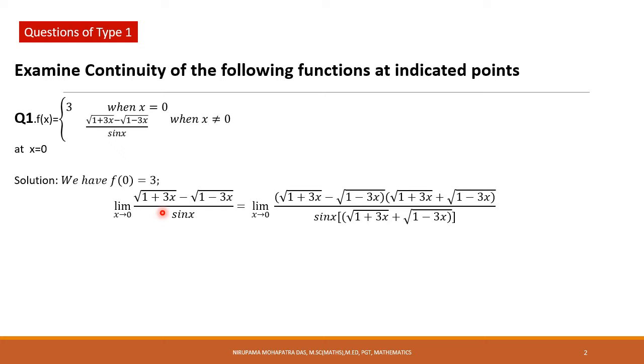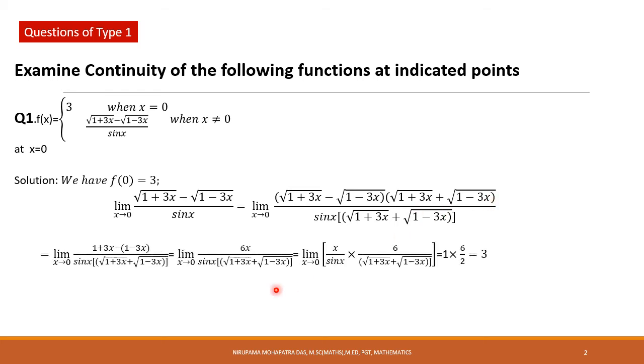As you can see here, the numerator contains a radical sign, and by putting x equal to 0 you are getting 0 by 0 form. So to evaluate this limit, we are rationalizing the numerator, meaning multiplying the numerator and denominator by the rationalizing factor of the numerator.